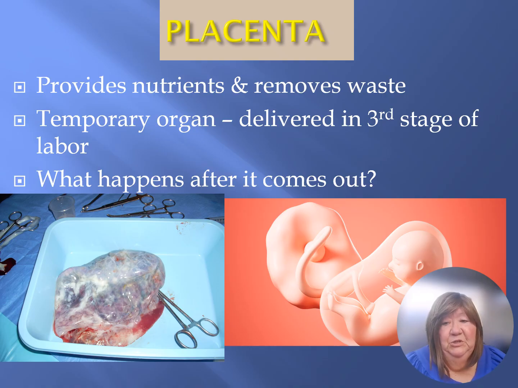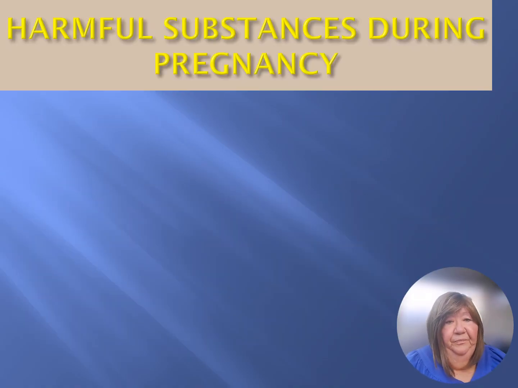You bury it in a special place, or you plant a tree over the top of it as a living memorial. And there are some people that pay companies to dehydrate it, powder it, and put it into capsules for people to ingest. I don't know, but to me it's interesting, all the different things they can do.